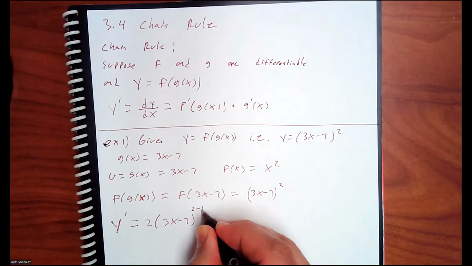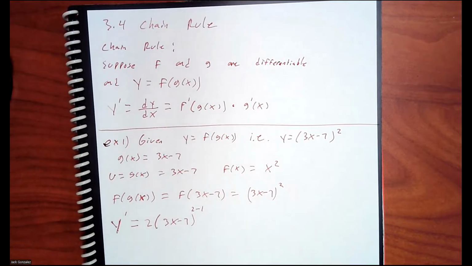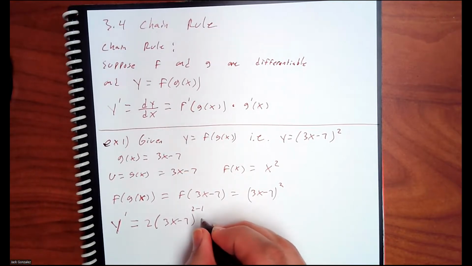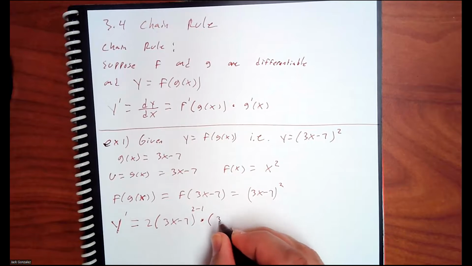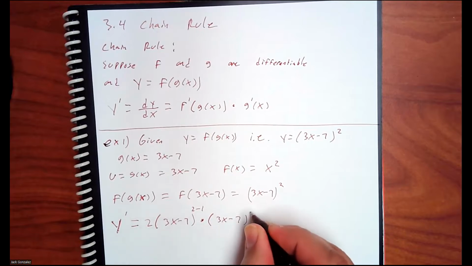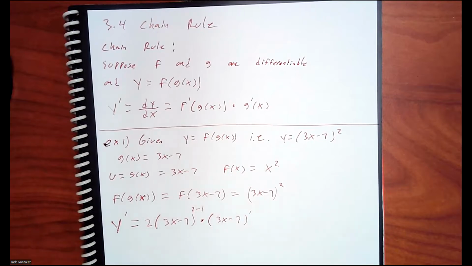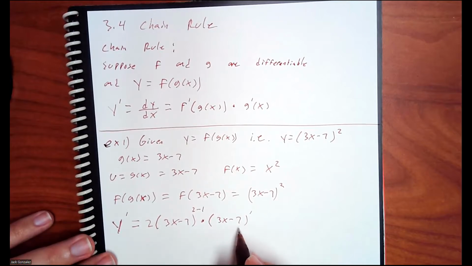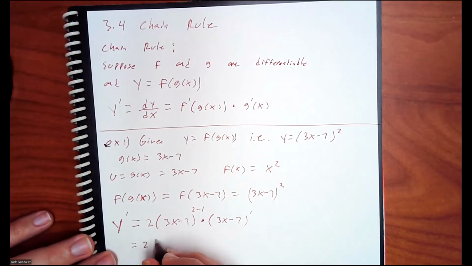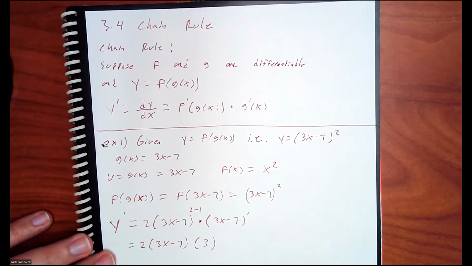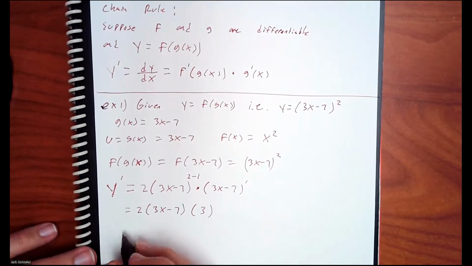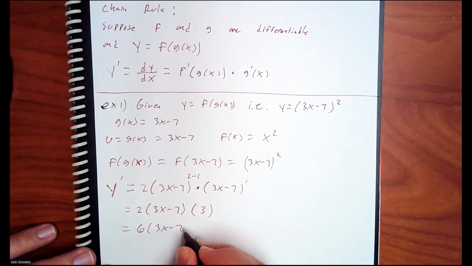Then you subtract 1, right? Then you multiply by the derivative of the inside function. The inside is this guy, right? What is the derivative of 3x minus 7? Yeah. So the derivative of y will simply be 6 times this garbage.